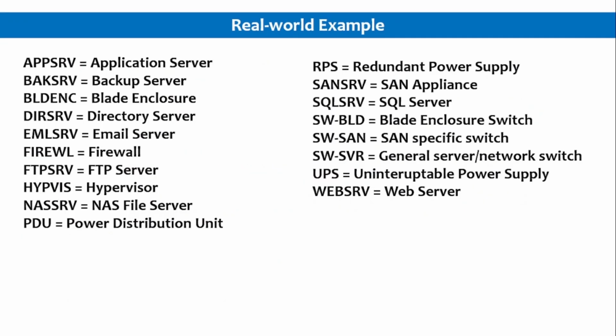And these are some of the abbreviations used in the real world, for firewalls, file server, application server, SAN storage, UPS, web servers, and so on and so forth. I have seen people using these abbreviations.